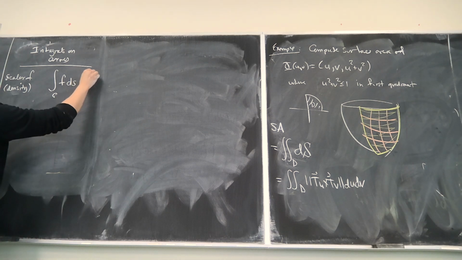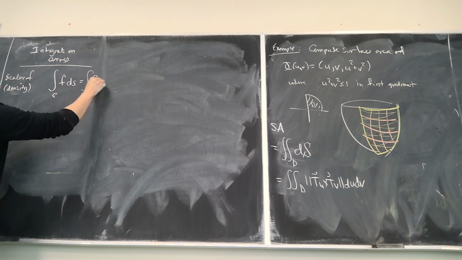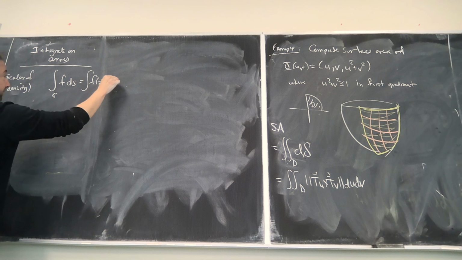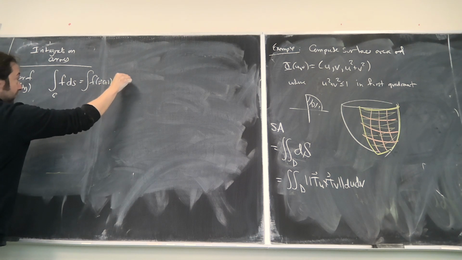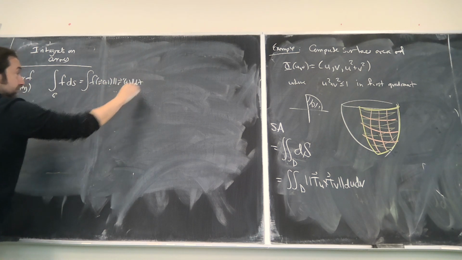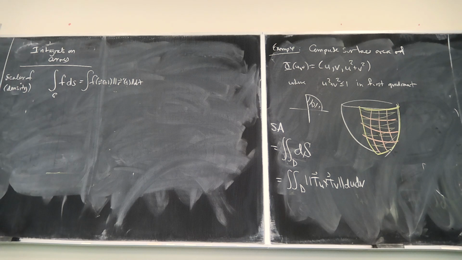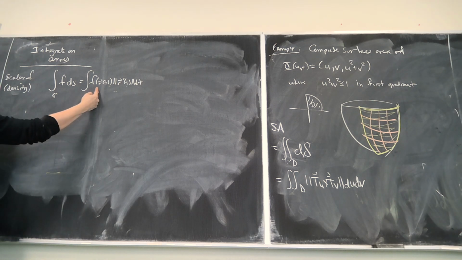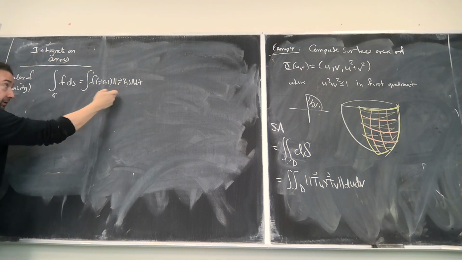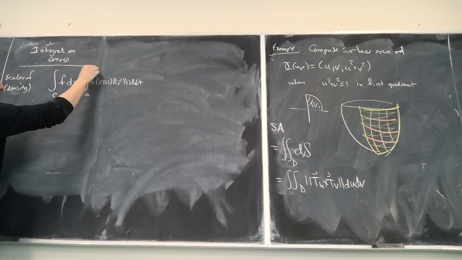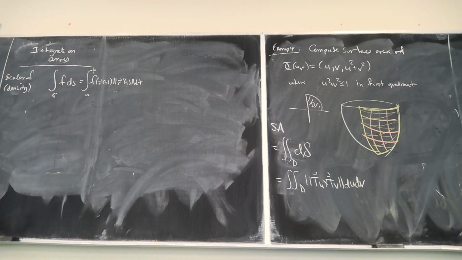The way we calculated this was the integral of f of r of t times the length of r prime of t dt. That's how we defined path integrals of scalar functions. Everything is cool here because that's spitting out a number and that's spitting out a number, so I'm just multiplying two numbers together. Scalar function times scalar function.